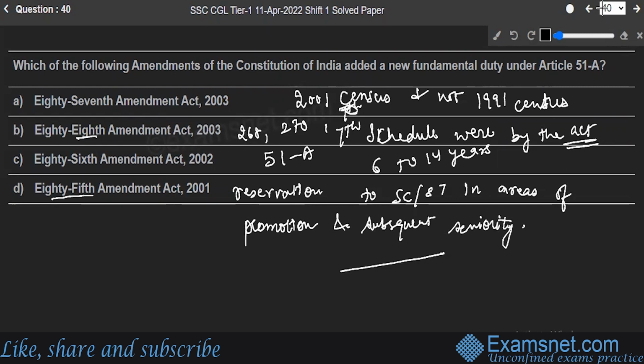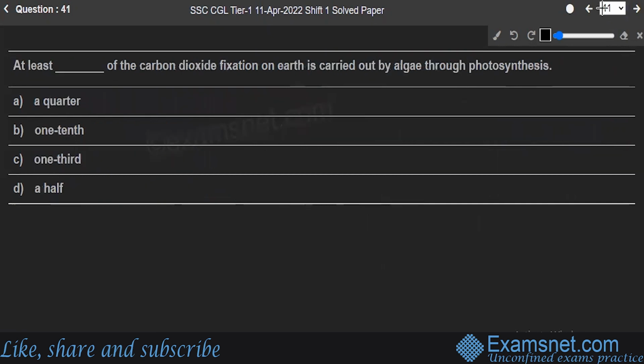Right? So I hope now you got the answer, which is the correct answer to this question. It's option C, 86th Amendment Act 2002. This is the correct answer for this question. Let's move to the next question, number 41.